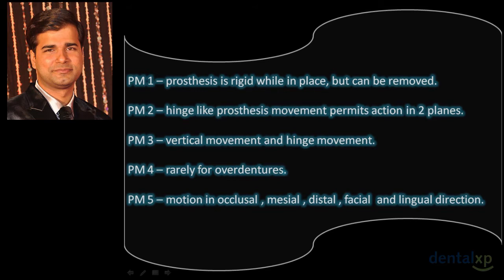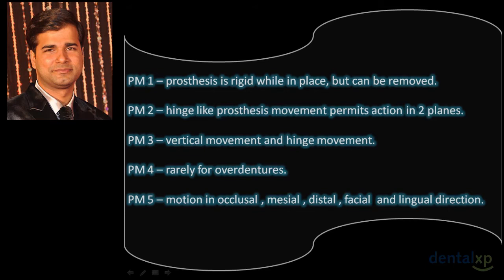So it's important to understand that the components, when placed in different scenarios, permit movements which can be either PM1 or PM2. An attachment system which permits vertical movement, if it's a hinge, it's a PM2, but if there is a vertical component added to it, it's a type 3 system.